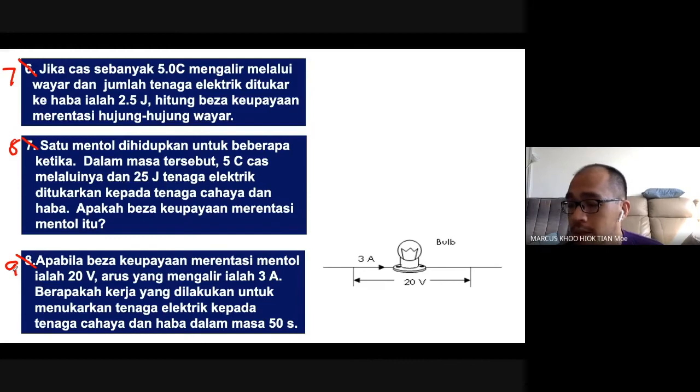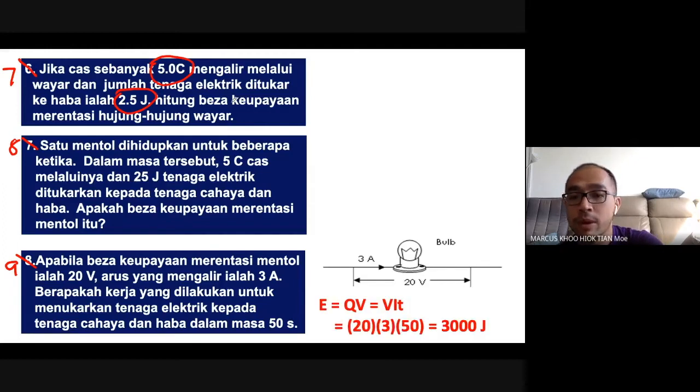So, question number 7: if the charge is 5 coulombs, and the electrical energy is 2.5 joules, calculate the potential difference. Okay, never mind.